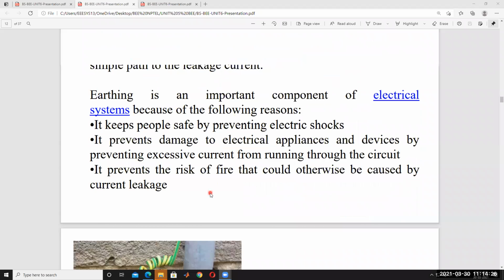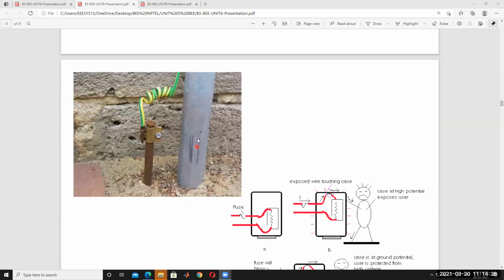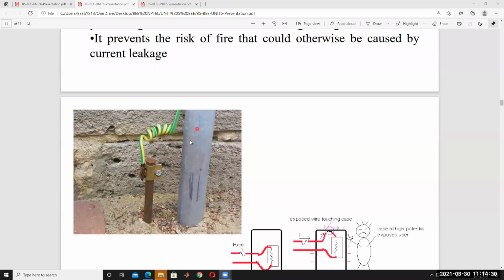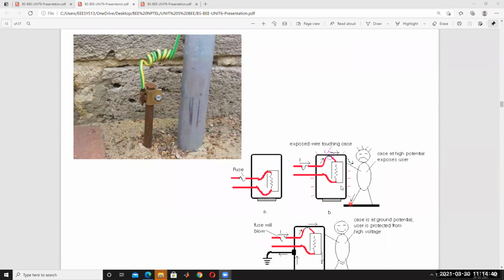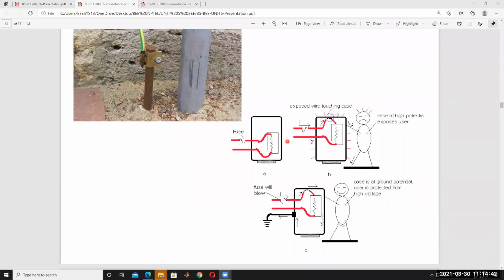So this is about earthing. Earthing is done like this, and the devices are connected to the earthing. If earthing is not done properly, for example if the fuse does not melt, the electrical current passes through the body and then to the ground.